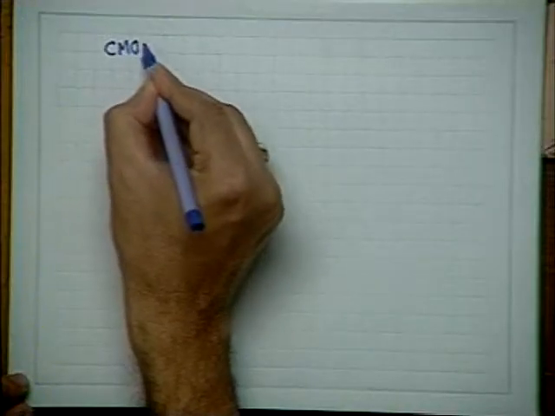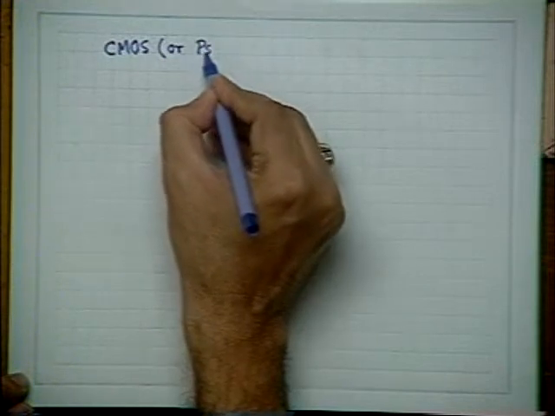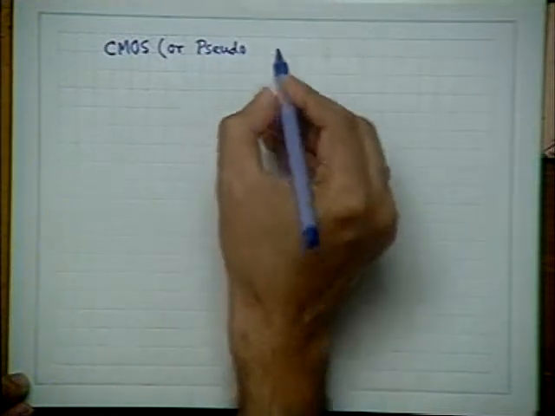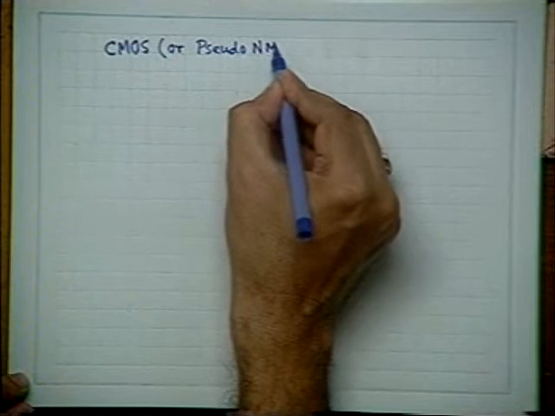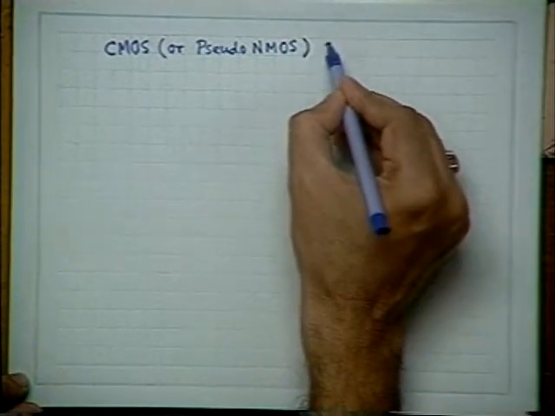This is one thing. The other kind of thing is called CMOS PLA or pseudo-NMOS PLA.